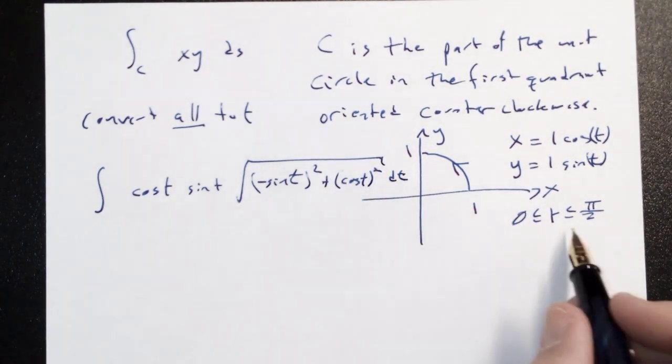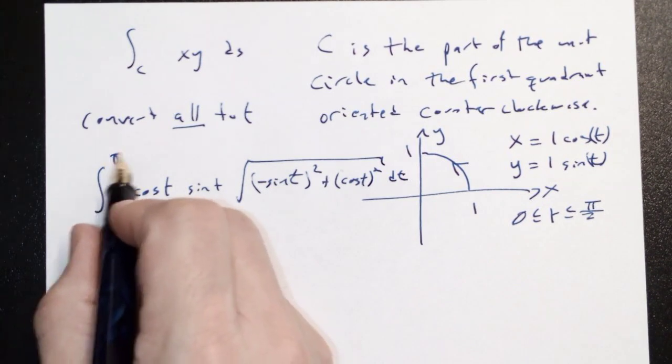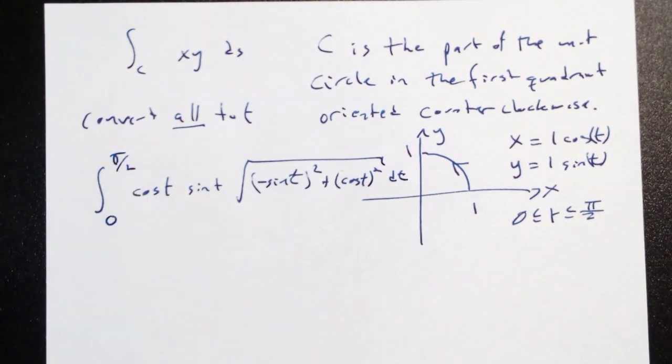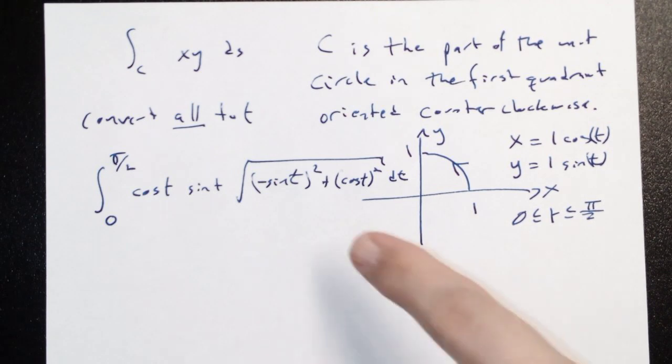Hey, wait a minute, if that's an integral dt, its boundaries should be in t. I just turned this entire problem into a regular integral. A line integral: the ds part takes the curve and straightens it out so I can do an integral in t. I've unwound my curve with this.